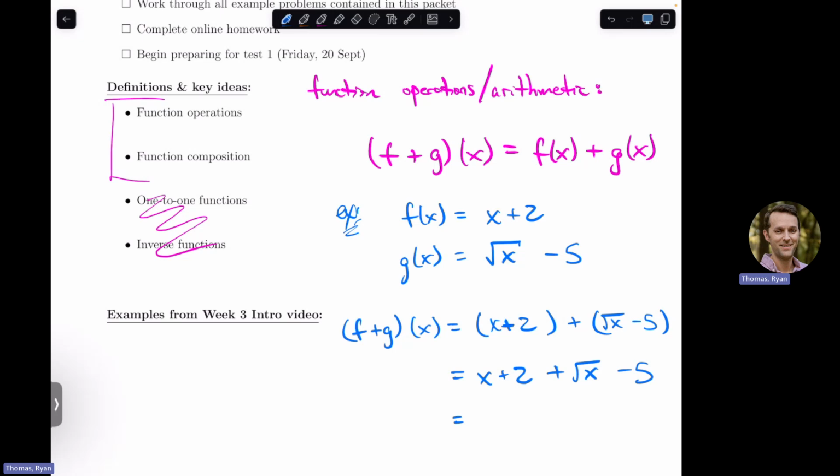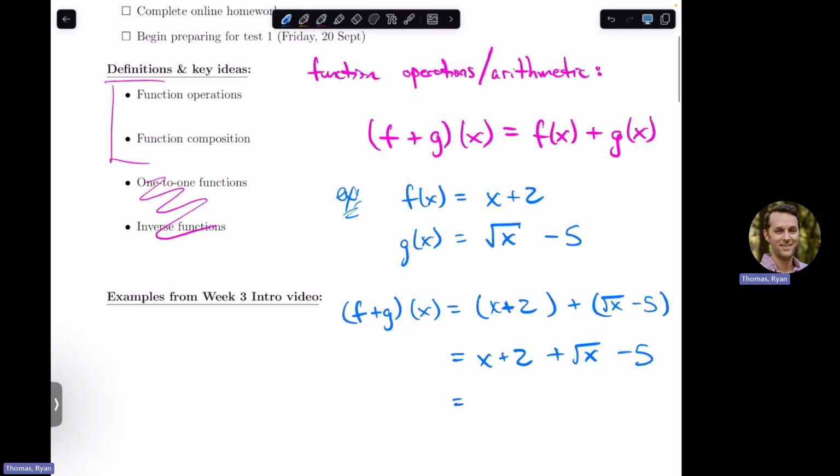And then combine like terms. What like terms do we have? 2 and negative 5. The other stuff, x and square root of x, are not like terms, so we just leave them separate. That's it. This is the new function called f plus g that we obtain by taking f and g and adding them together. That's it. Okay?